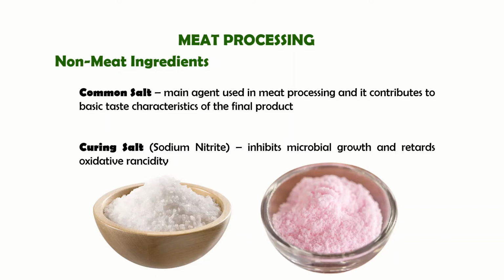So the first one, and one of the most important, is of course the common salt. This is one of the most common food seasonings, and salting is an important method of food preservation. So a long time ago, nung wala pa tayong mga refrigerator and freezer, salting ang ginagamit nilang technique para ma-preserve yung mga meat.